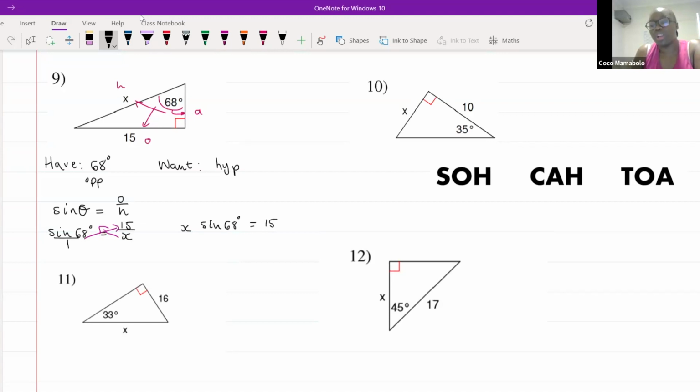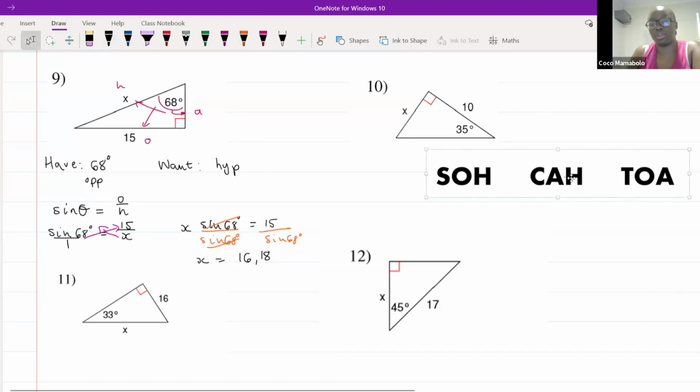I want x on its own, so I divide both sides by sine 68, and those two will cancel. Therefore, x is equal to 15 over sine 68, which is equal to 16,18. Excellent, good work. That is number 9.